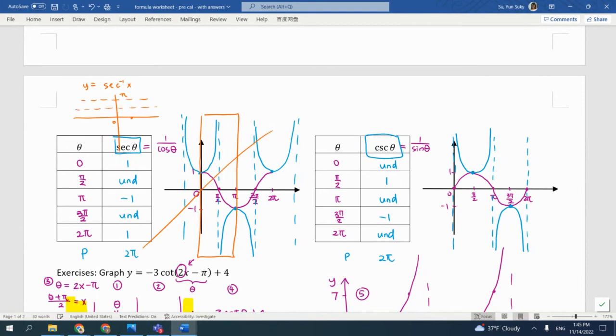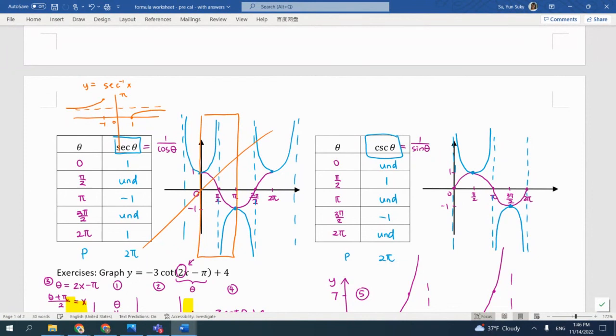You also have an asymptote here, and this point now becomes here. So this is at -1, and this is at 1. So this is the graph of arcsecant x. Is that okay, everybody?